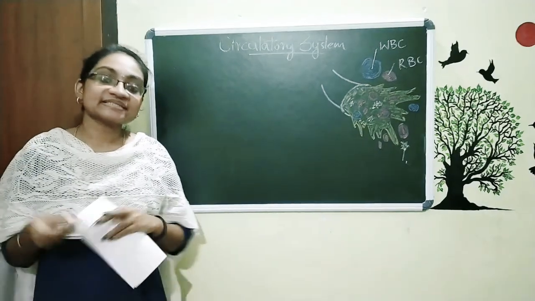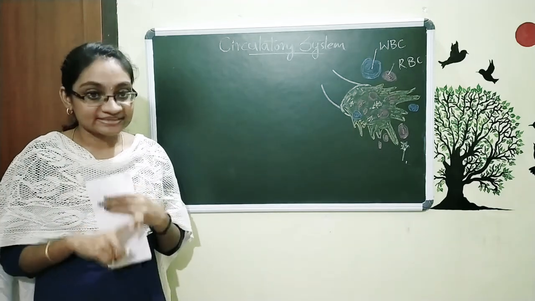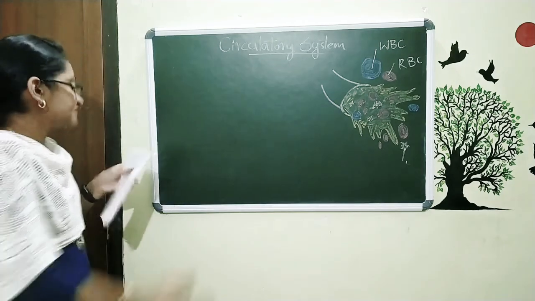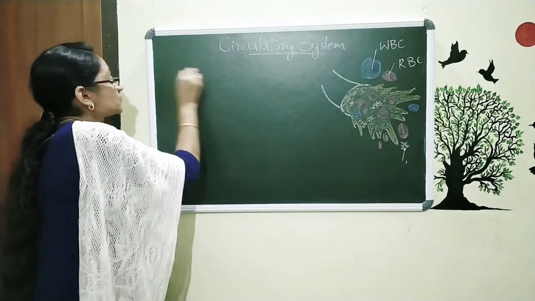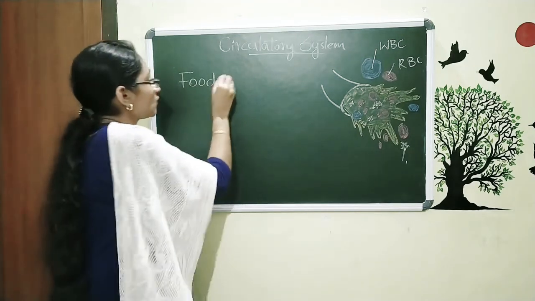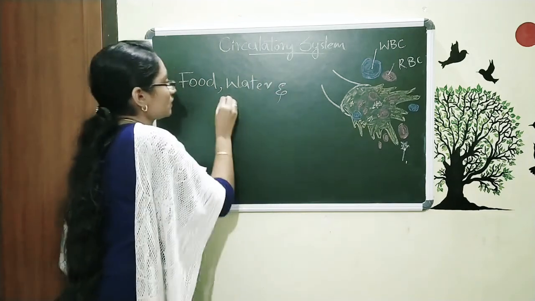We already said that in our body there are different organs and each organ has its own functions. So for working, each and every organ needs food, water and oxygen.